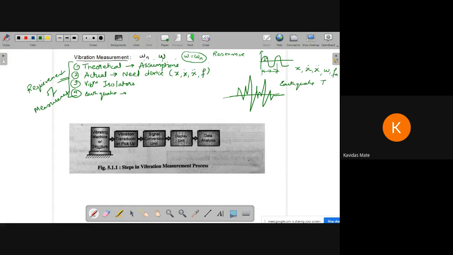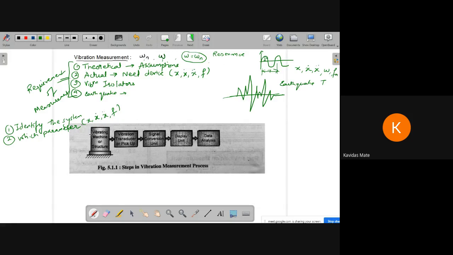The first component is the vibrating machine or structure. First, we need to identify the system, meaning what machine, structure or component we need to measure. Second, which parameter should we measure: whether it's x, x dot, x double dot, or frequency.